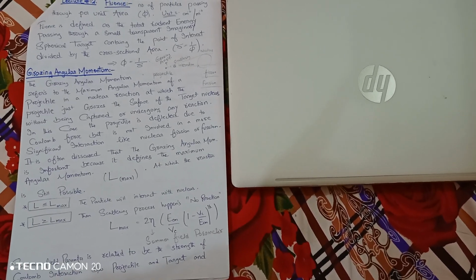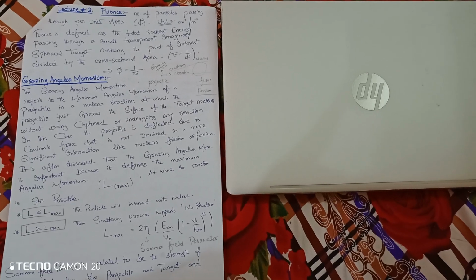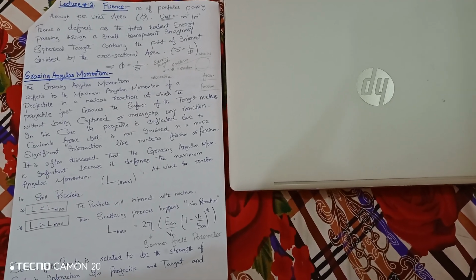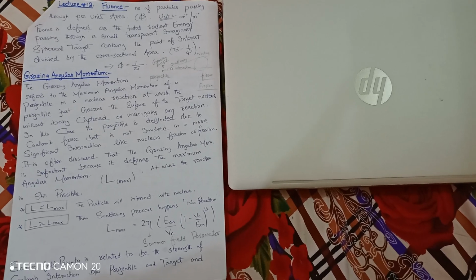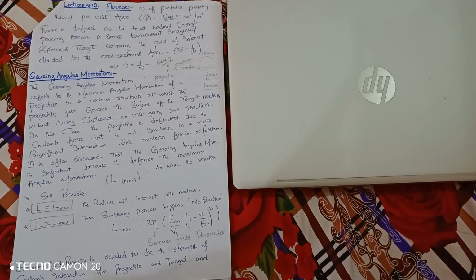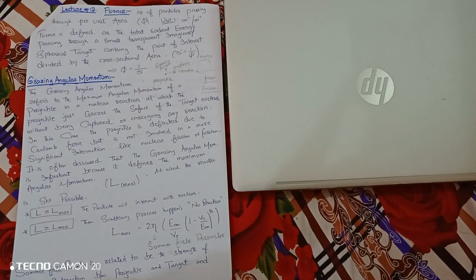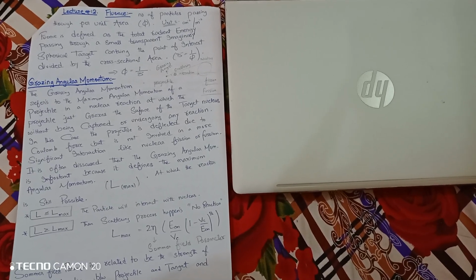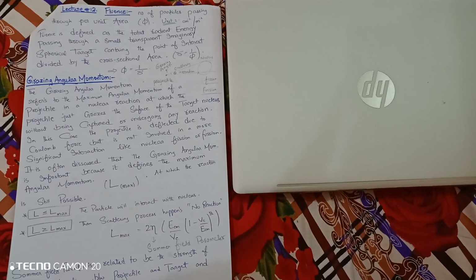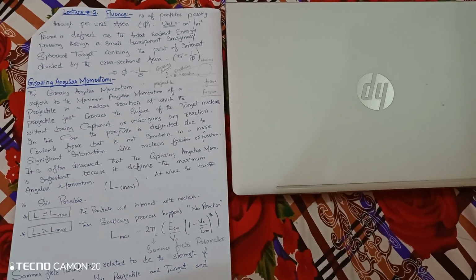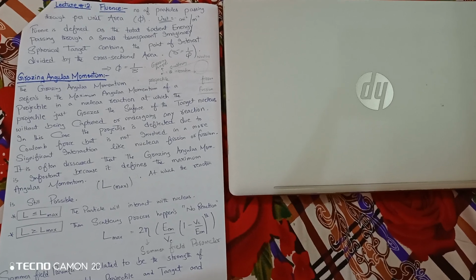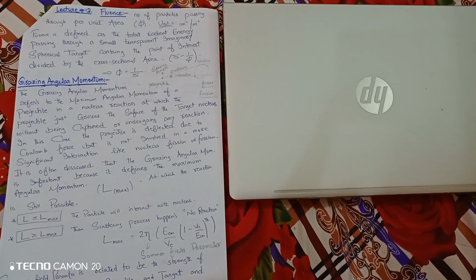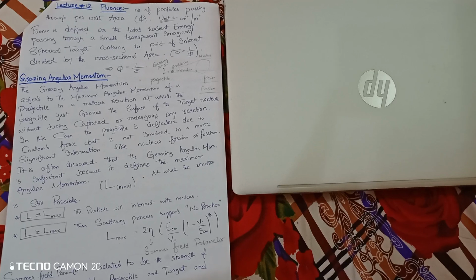You know that there are two objects, one is the projectile and one is the target. They collide, either they scatter, or fully interact, or they graze. So fluence is the total radiant energy passing through a small transparent imaginary spherical target containing the point of interest, divided by the cross-sectional area. So 1 divided by cross section is equal to fluence, which is denoted by psi.